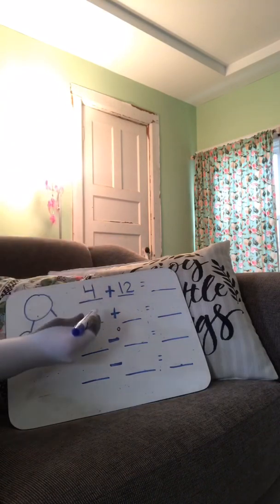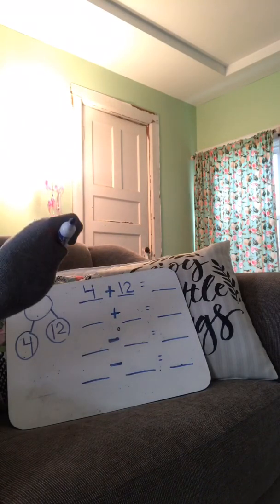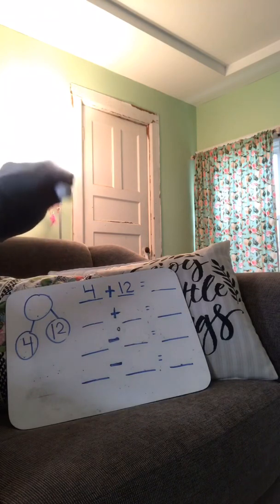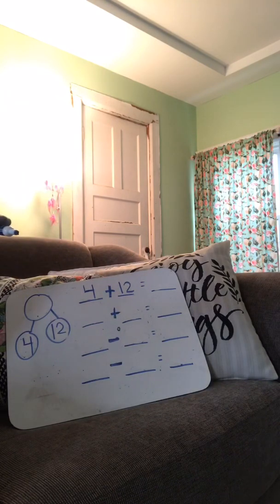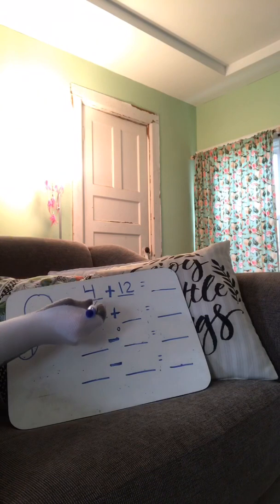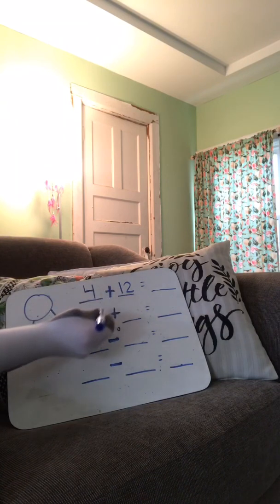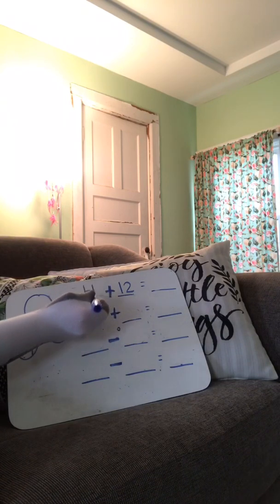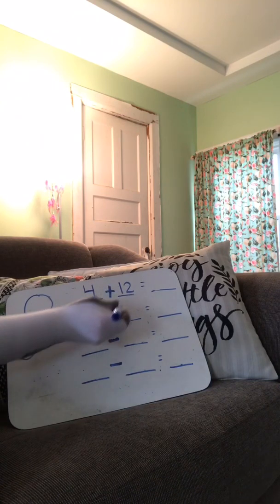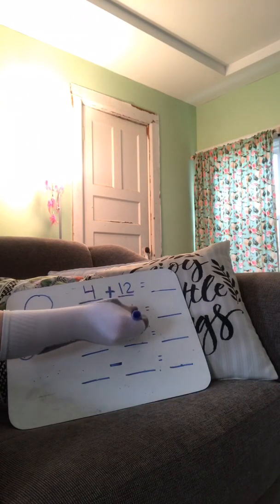How would I write this number sentence if I was giving it the old switcheroo? Yes, let's give the switcheroo to the 4 and the 12. So now instead of 4 plus 12, we would have 12 plus 4.